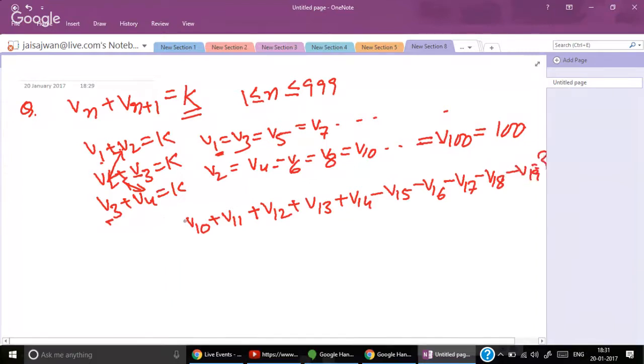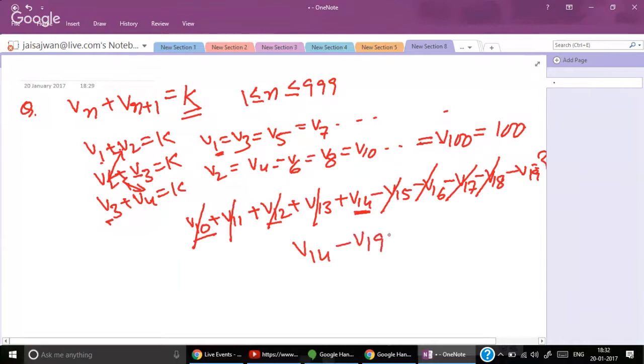Now you see, in this case, all even terms are the same. So V16 will get cancelled out with this one, V18 will get cancelled out with this one, and I'm left with one more even term which cannot be cancelled. Similarly, V11 will be cancelled with V15, V13 will be cancelled with V17, and you are left with V14 minus V19.